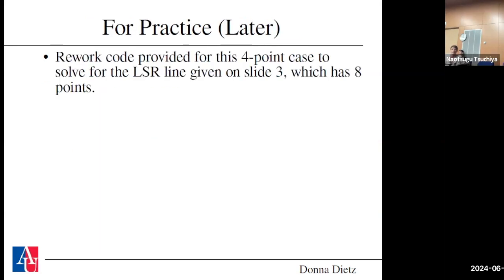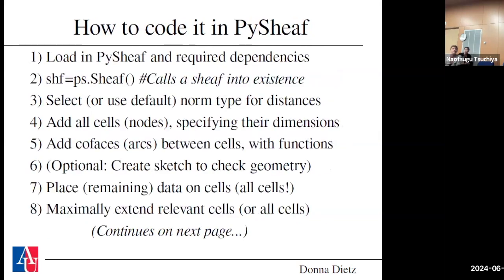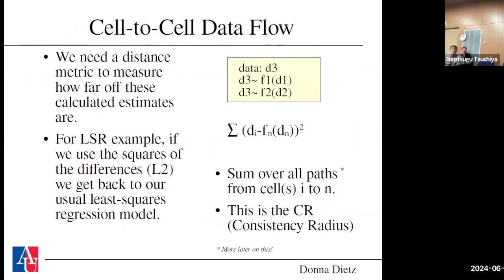Sorry, I didn't really understand what the consistency radius is exactly. The consistency radius is, in this notation for what we're doing right now, we just took the sums of the squares of the differences between the projection and the data, and we squared them and added them. That's it.